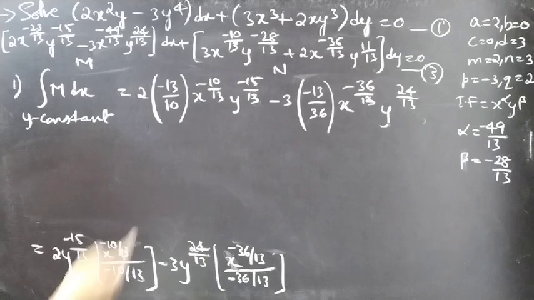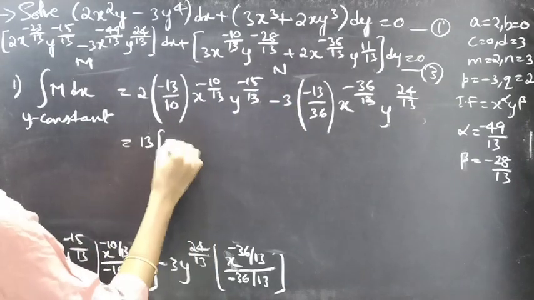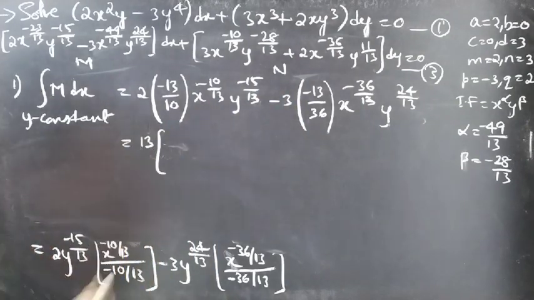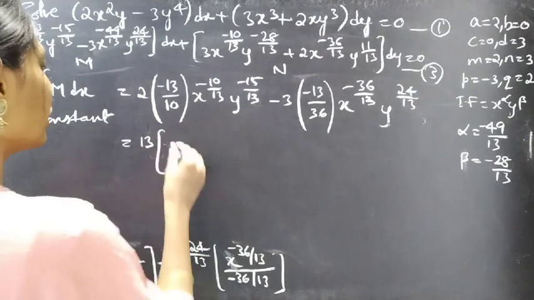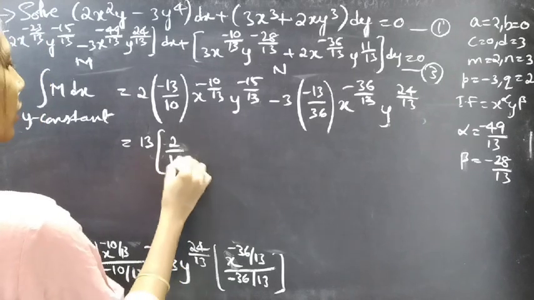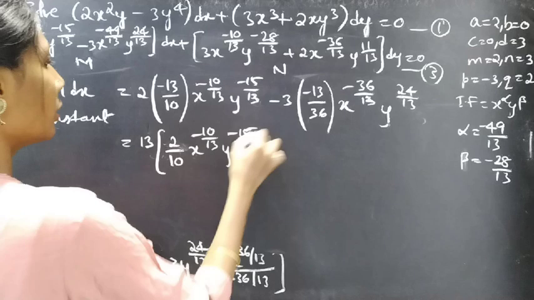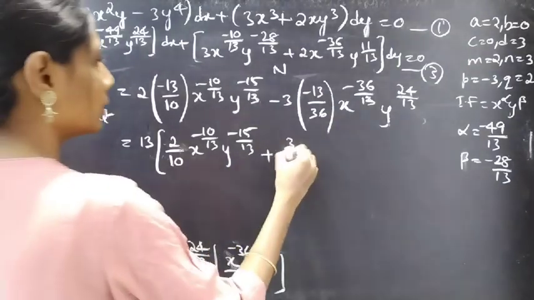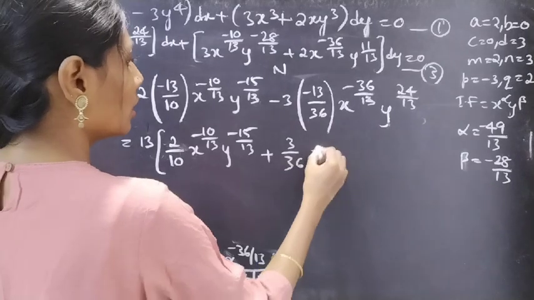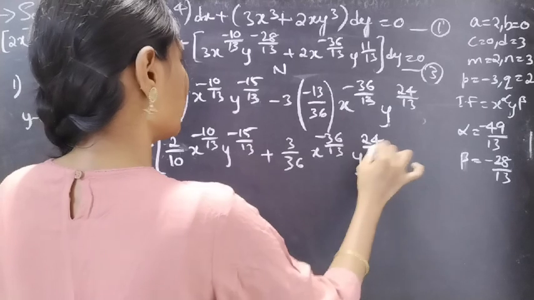See, we can take 13 common from these two terms. Just take 13 common, and you'll get 2 by 10 into x power minus 10 by 13, y power minus 15 by 13, minus into minus plus 3 by 36 into x power minus 36 by 13, y power 24 by 13.